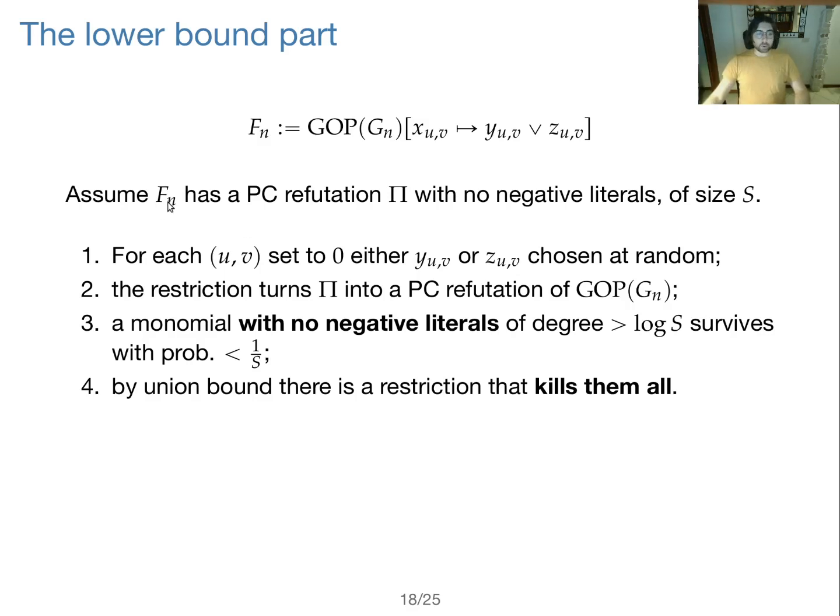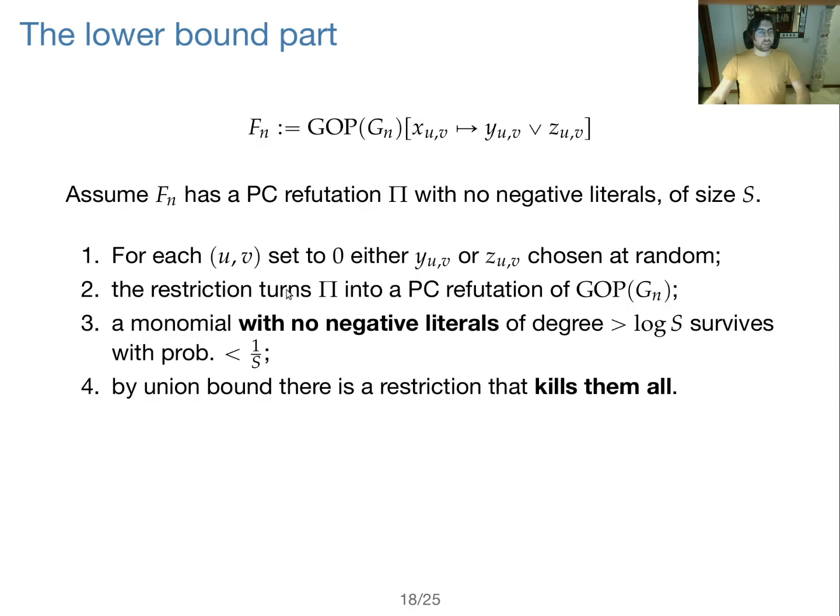Let's assume that the formula has a polynomial calculus refutation pi with no negative literals of size s. This is again the formula that we are considering. Now, for each pair of vertices, essentially for each variable, we will set to 0 either the y or the z variable chosen at random.